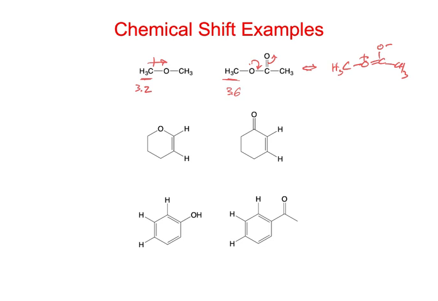I mentioned early on that sometimes if you have a system, for example, something like this with CH3, and there was some reason that you needed to tell which proton was which, these two would have very similar chemical shifts, whether it's an OH or a methoxy group.